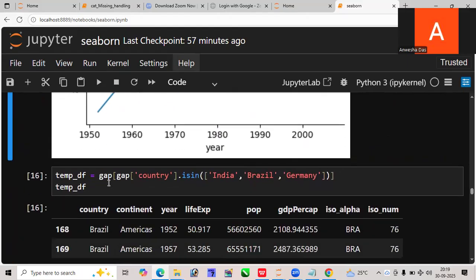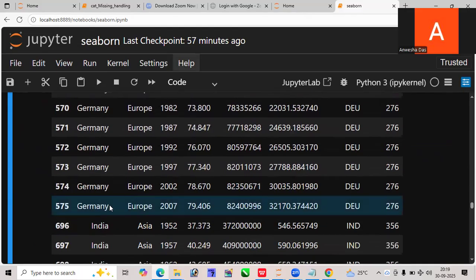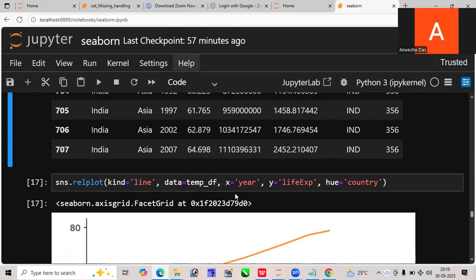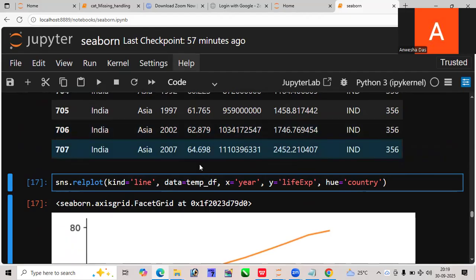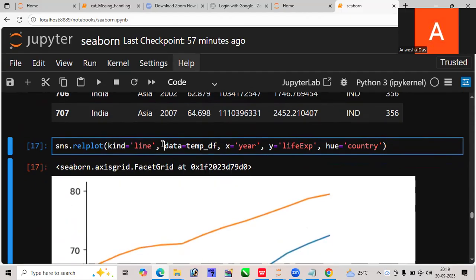Now I want not only India, I want some other countries' data as well. That's why I have mentioned India, Brazil, and Germany. After that, I apply a hue. First of all, I wrote what I want to create: a line chart.